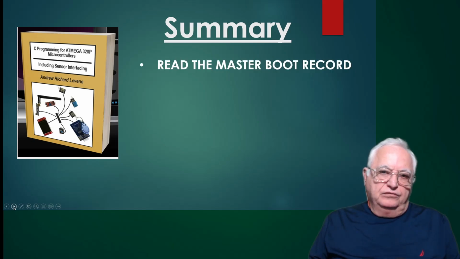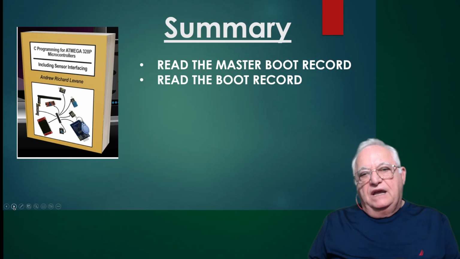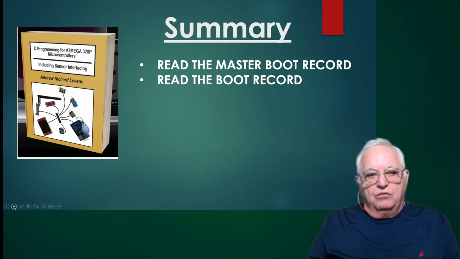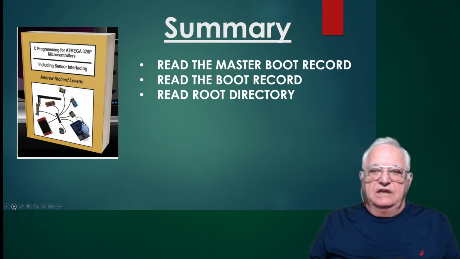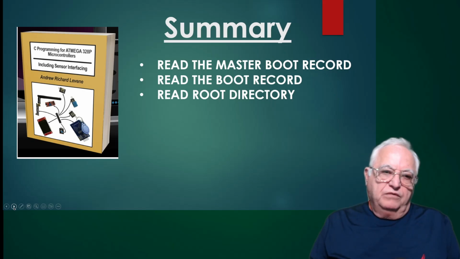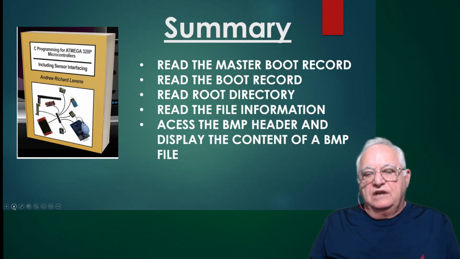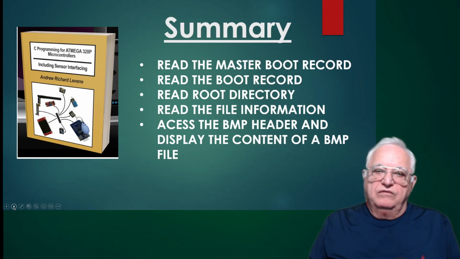So basically today we read the master boot record, which we already knew how to do. We navigated to the boot record. We read the root directory. We found the file information tables, and we found our BMP. Read the file information table. Then we accessed the BMP header and displayed the contents of our BMP file.